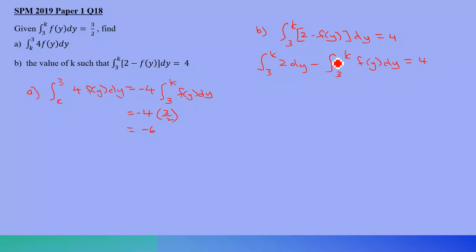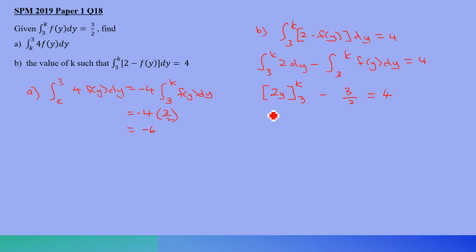And this is already given to you, and this is a very basic integration. When you integrate 2, you will get 2y. And then you substitute your limits k and 3. And for this, it's already given to you as 3/2. So just put in 3/2 equals 4.